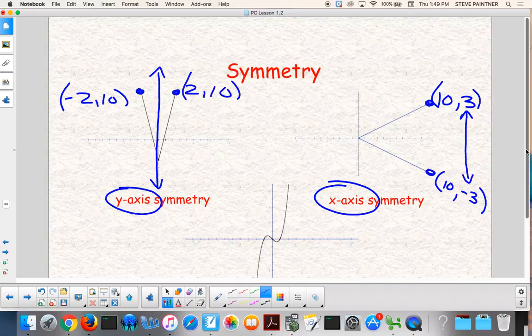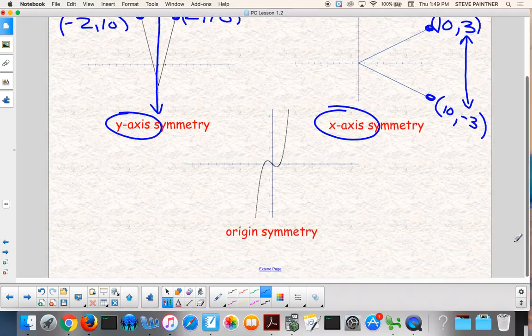There's one more reflection or symmetry, and that is origin symmetry. Which basically means this point can be reflected through the origin. If you went through the origin, it'd be kind of like this. What really happened is this point just got reflected over the x-axis, then it got reflected over the y to hit that spot.